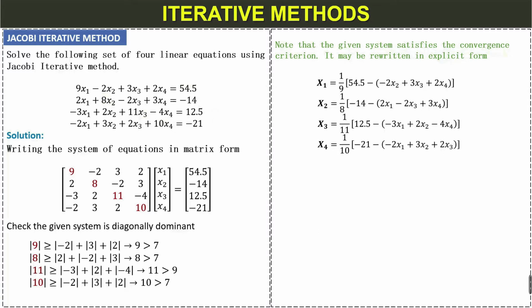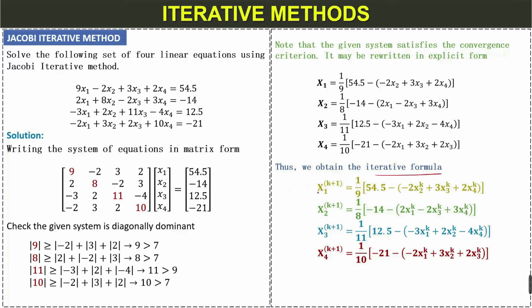Now we write them in the k plus 1th form. So we have the iterative formula like this one, the k plus 1th form. Now we put the initial solution or initial guess in the right-hand side of all these equations, and after simplifying we will get the next estimated solution.